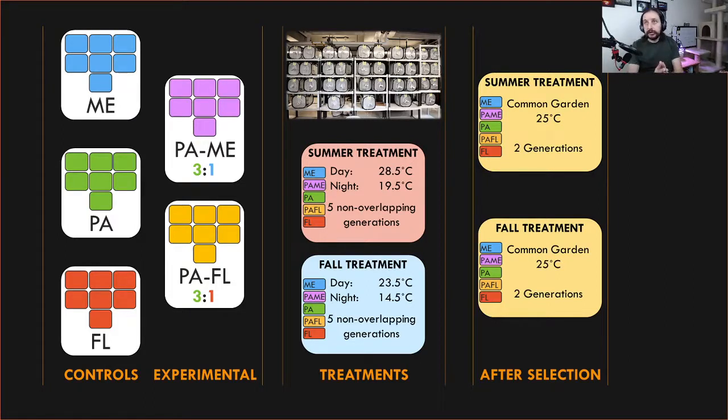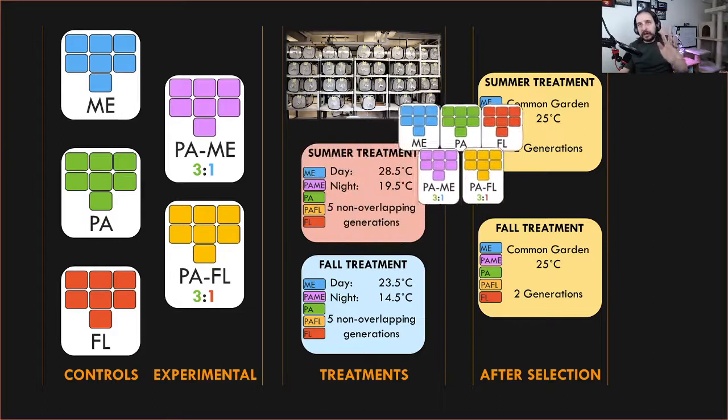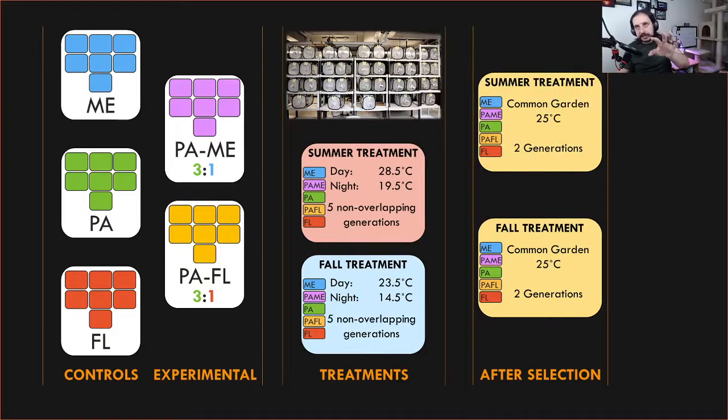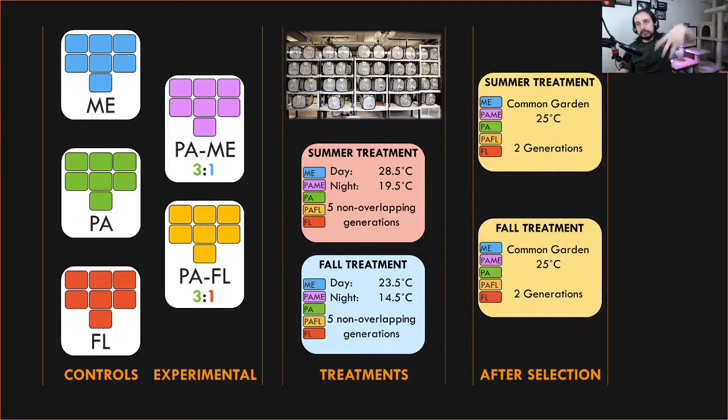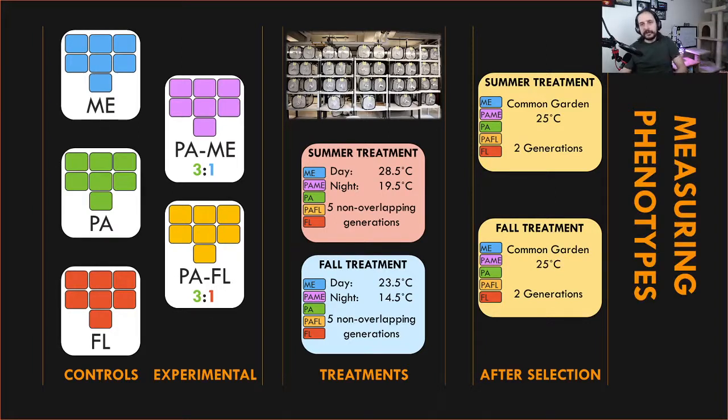So I put them in a common garden for 2 generations, which is 25 degrees day and night, and that's kind of the standard procedure. The reason I'm doing this is I'm trying to get rid of any epigenetic or maternal effects that are present in these groups. And then I measured their phenotypes.